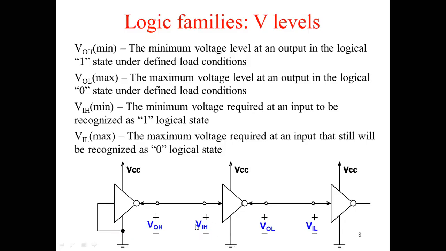It will be considered as VIH because it is now an input. When the input of the NOT gate is high, suppose 1, then the output will be 0. Then it is known as VOL. Now when this VOL is fed to another inverter or NOT gate, it will be considered as input low. So these are the terminologies for the voltage levels in the logic families.